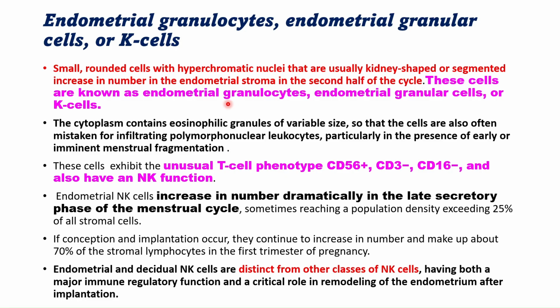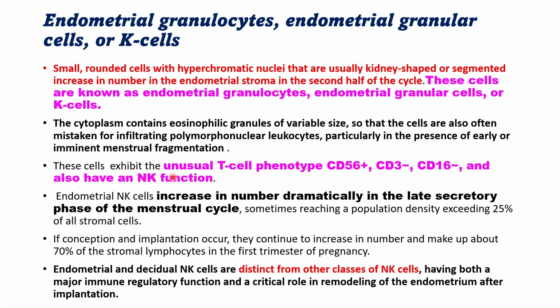They are not polymorphs, but granulated lymphocytes. Their cytoplasm contains eosinophilic granules of variable size, so they are mistaken for infiltrating polymorphonuclear leukocytes, particularly in the presence of early or imminent menstrual fragmentation.